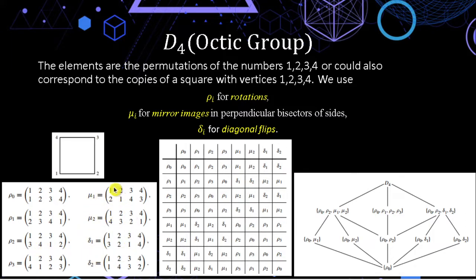Going back to D sub 4, these are the reflections. Particularly, mirror images and their images if we use the diagonals as the line of reflection. But for other authors, they simply call all of these reflections. And mu sub 1, mu sub 2, delta 1, delta 2 are the notations we use for reflections.